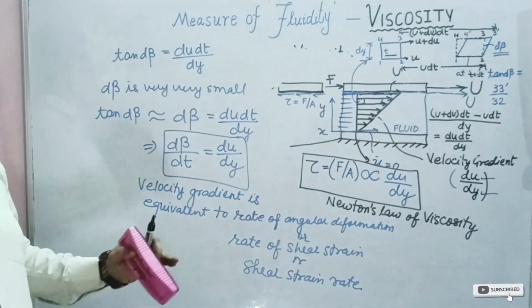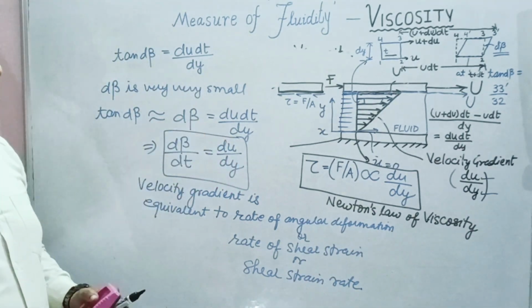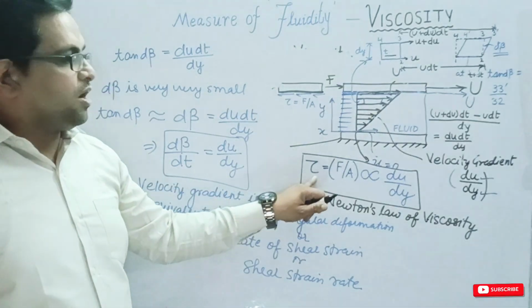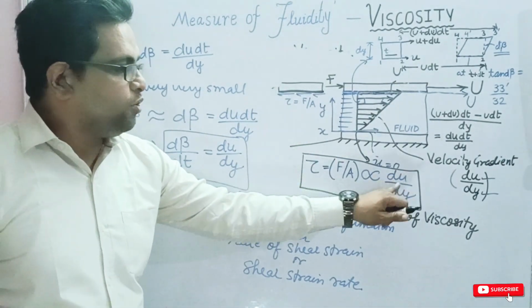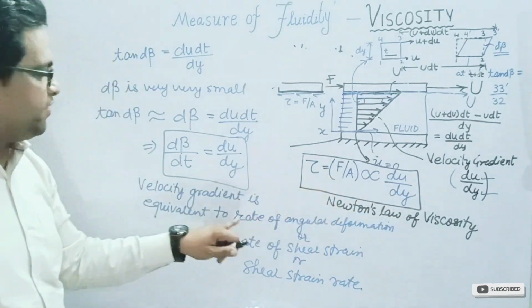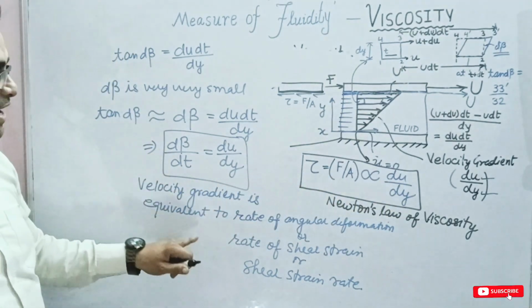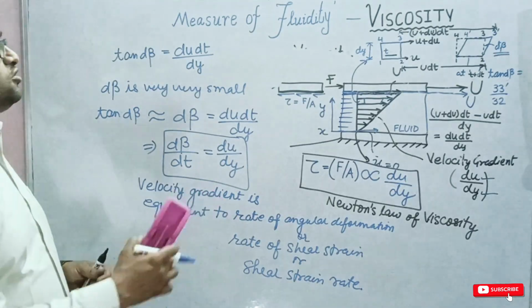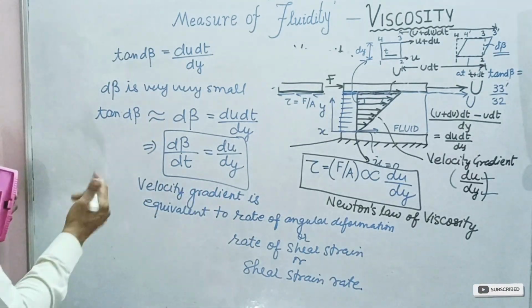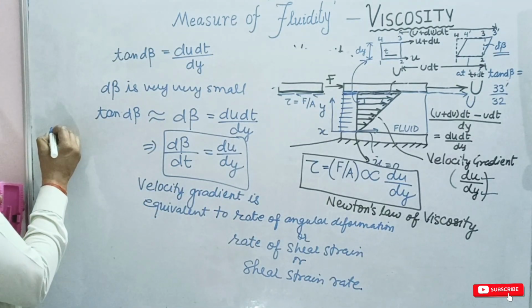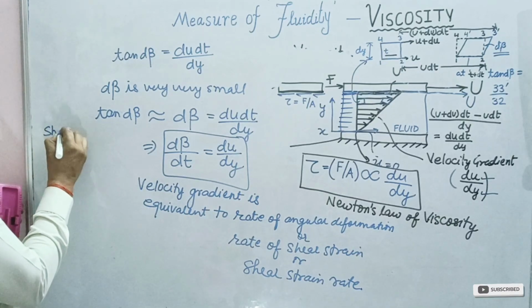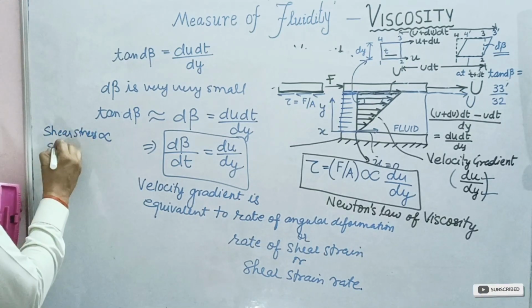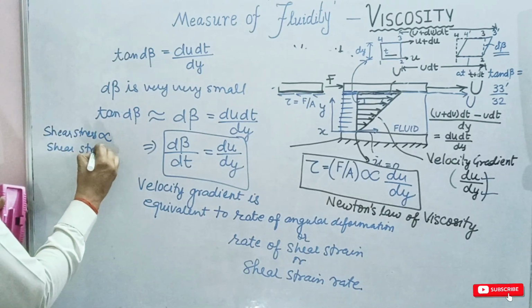So what we have got here in case of fluids is that the shear stress tau is directly proportional to du upon dy, and this du upon dy is equivalent to the rate of angular deformation. Whereas in case of solids, the shear stress was directly proportional to shear strain.